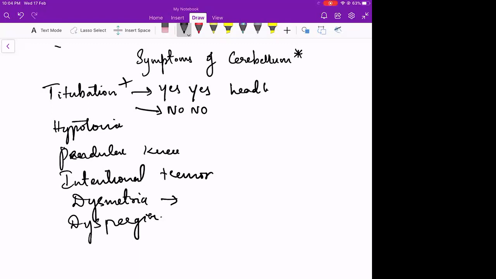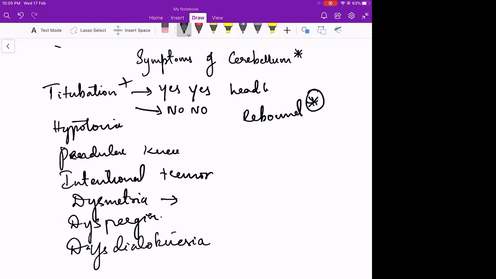The other is dysdiadochokinesia. When you ask the patient to alternately pronate and supinate the arm, the patient will not be able to perform properly. Another is the rebound phenomenon.